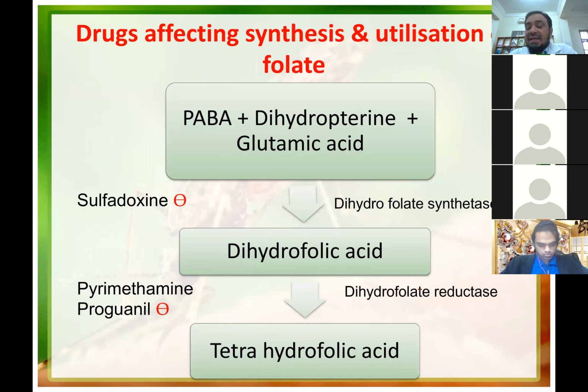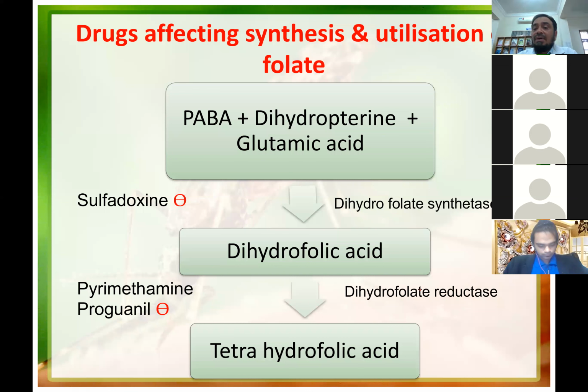Now, in the classification of anti-malarial drugs, we had seen that there are quinolines like 4-aminoquinoline, 8-aminoquinoline, quinoline methanol, then naphthoquinone derivative, that is atovaquone, then primaquine, and then there were the antimicrobial drugs. In antimicrobial drugs, you had sulfonamides like sulfadoxine, then pyrimethamine, and dapsone, tetracyclines.